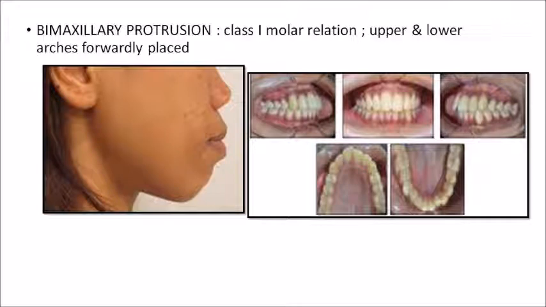But the molar relationship will be class 1 only. Please look at the pictures, especially the profile photographs on your left side. It is extremely important that you identify such cases as bimaxillary protrusion. There is a circumoral convexity associated with such cases. Both the arches will be forwardly placed and there will be lip incompetence in most cases.